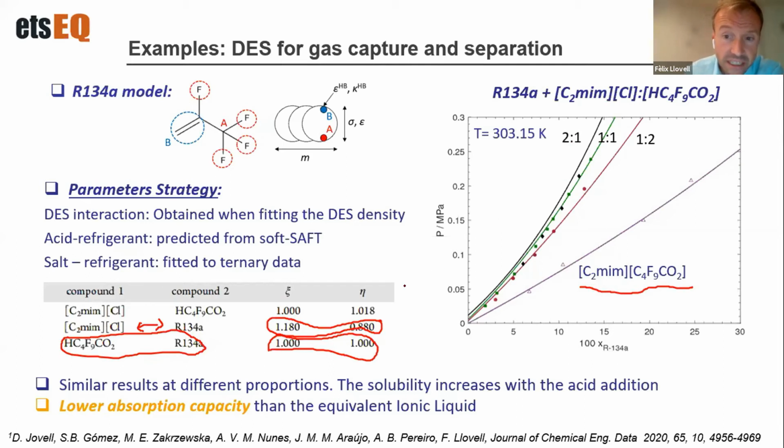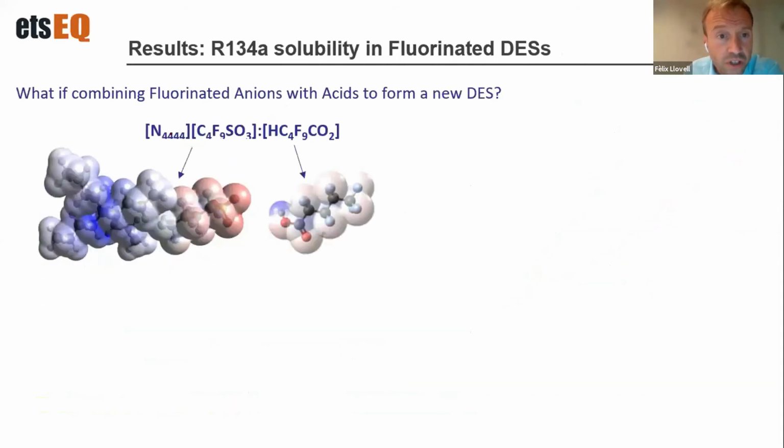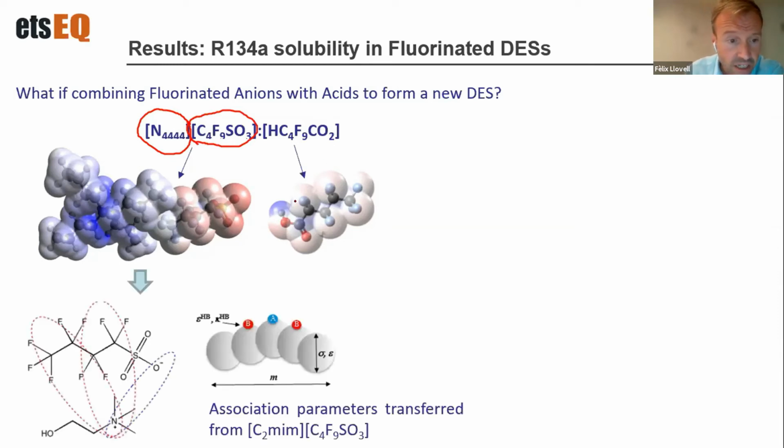So here we said, let's see what happens if we decide to modify our cation and use this anion, which has also 9 fluorinated atoms. We kept constant the same carboxylic acid, and then we perform a new calculation for our deep eutectic solvent based on the association parameters that were transferred from the equivalent ionic liquid.